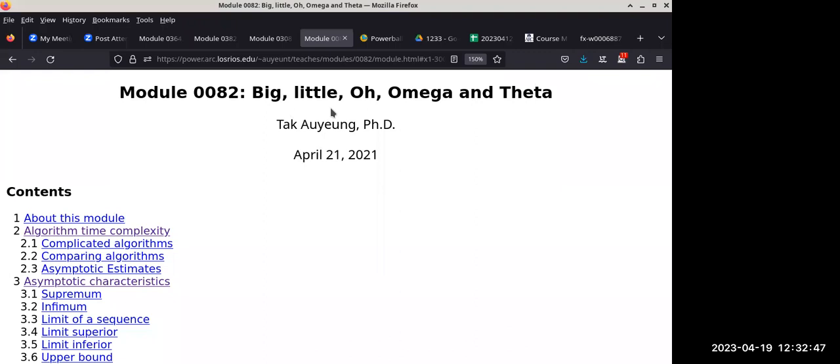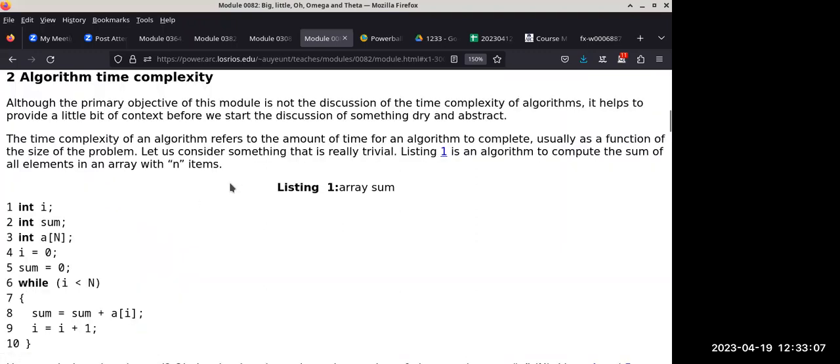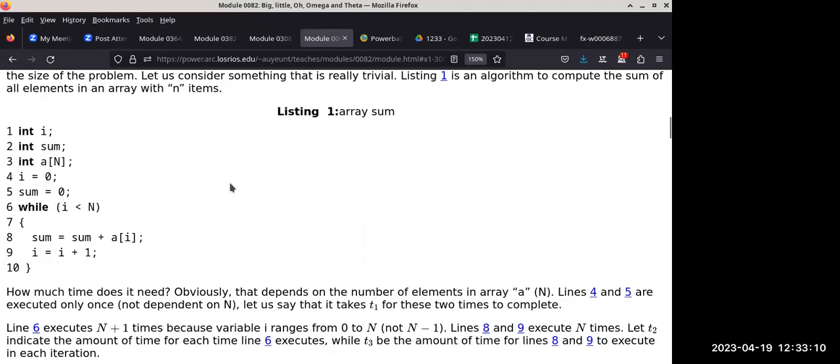So that is the importance of why we're going to talk about the big O notation, which is not exactly the right notation to use when you compare the time complexity of algorithms, as we'll see in the next two lectures or so. So we'll get started with a very simple algorithm and ask, what is the time complexity of this algorithm?